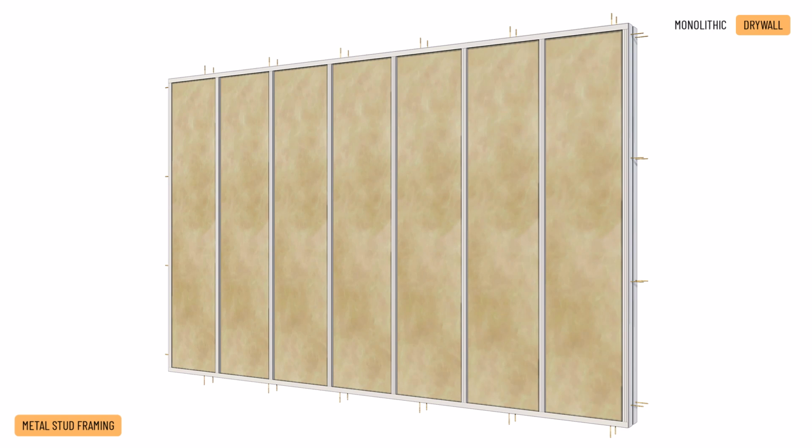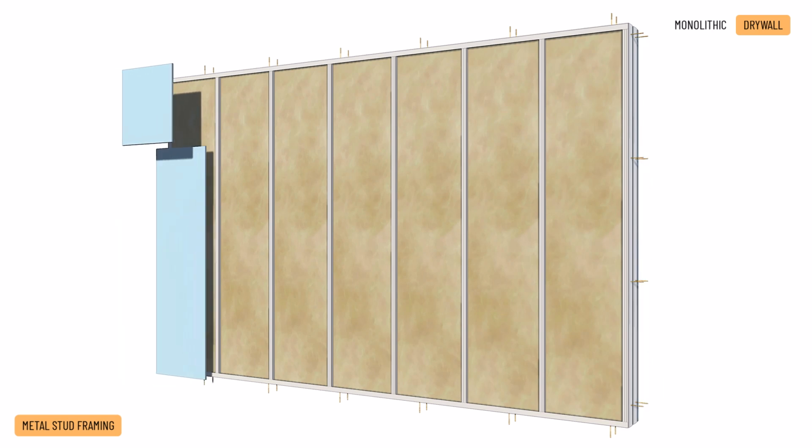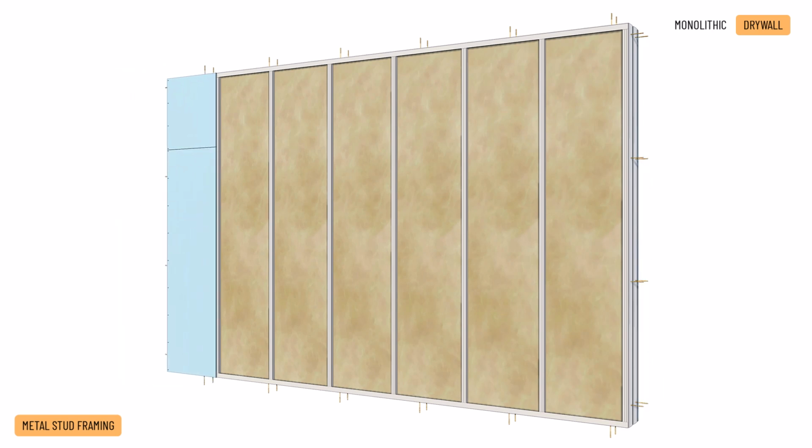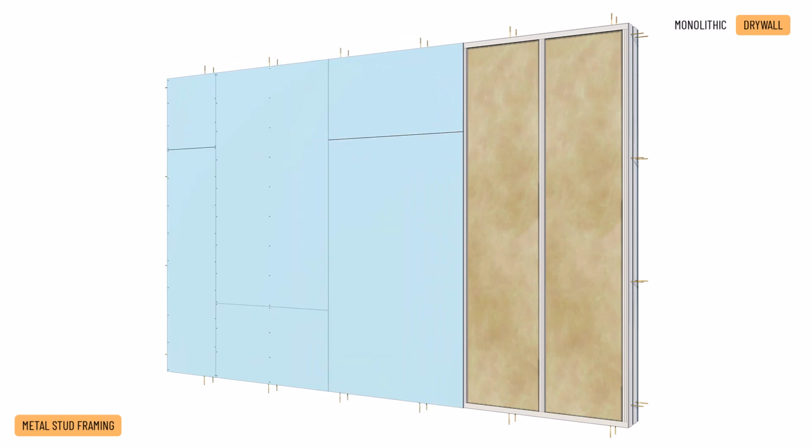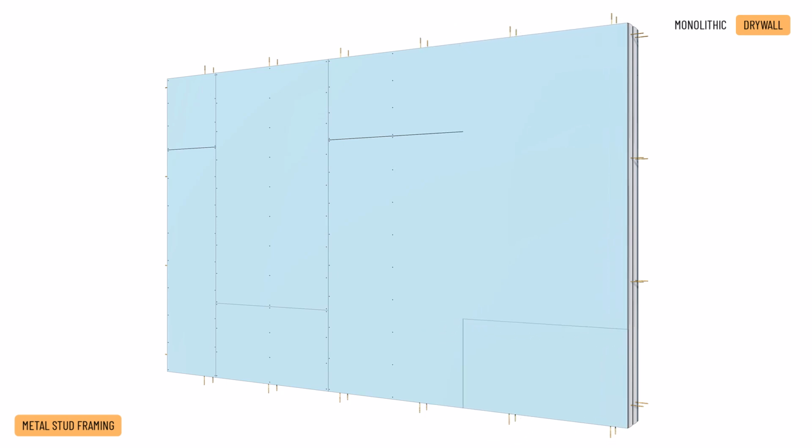Next, the gypsum boards are affixed into place with self-tapping drywall screws. The boards are cut to size so the two layers can be fixed together in a bond while avoiding a continuous horizontal gap running along the wall.